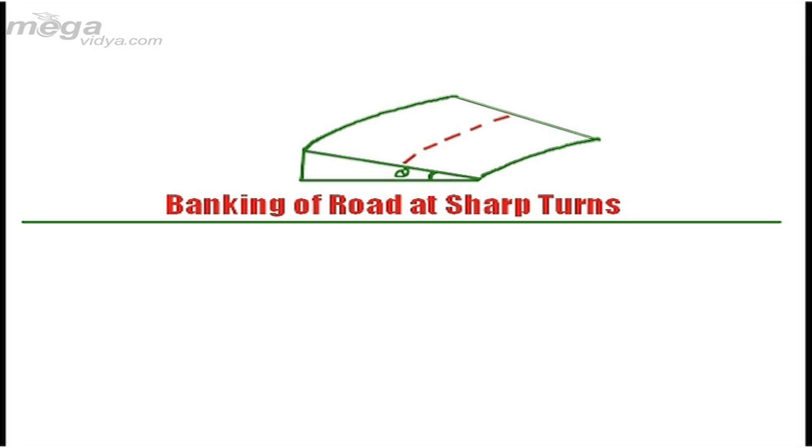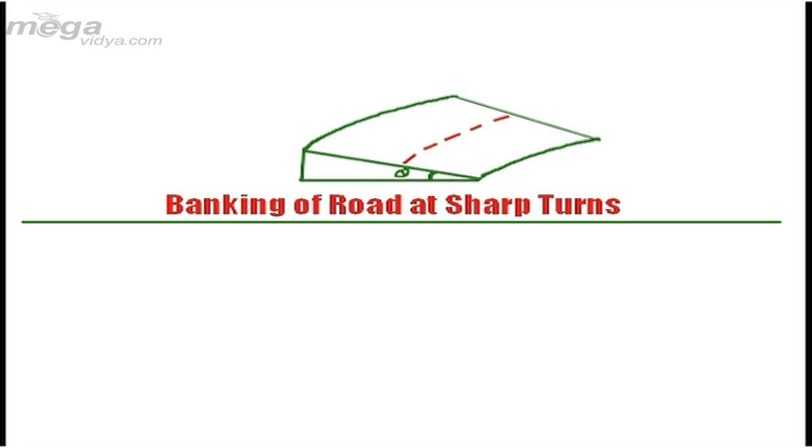If you notice at the curved path, we generally notice that the outer edge of the road is slightly lifted with respect to the inner edge of the road. Why is it made like this? Why is it made a little lifted from outside? There is a science behind it.